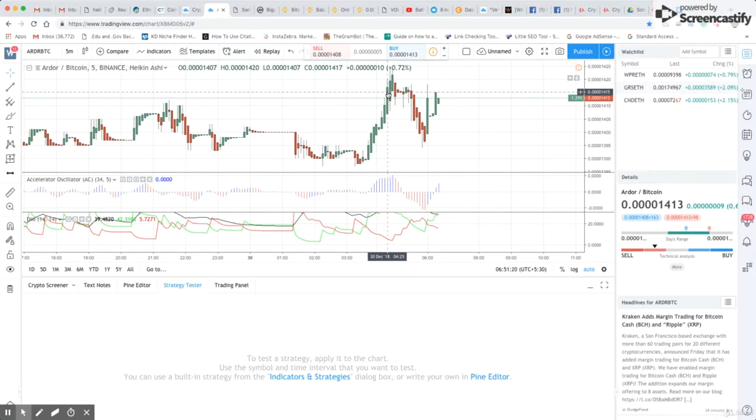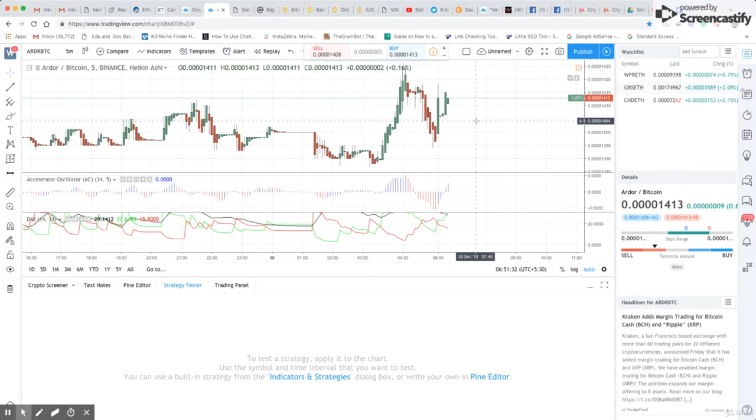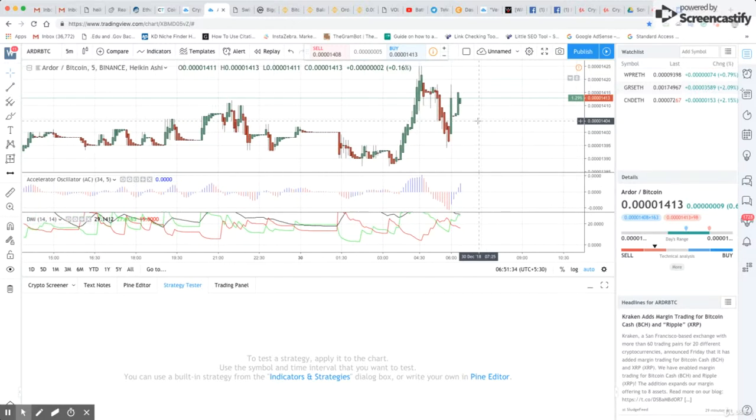And if you would have set 2.5%, that was around 1429. So 1429 was your 2.5% profit range. As you can see, it hit up to 1425 and then came back, and now it's moving up again.